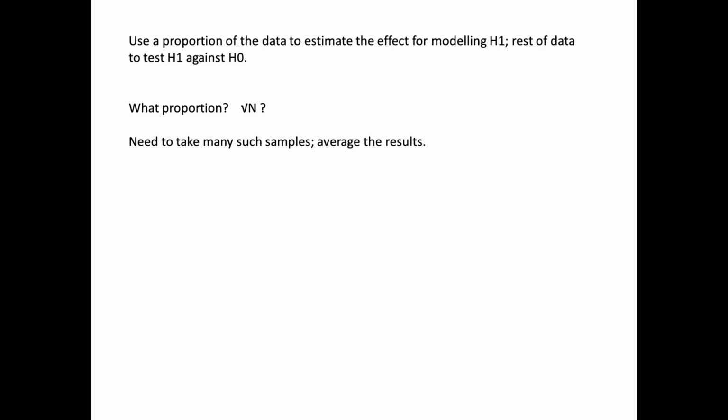It seems to balance a number of considerations. So if you've got 25 subjects, you'd use 5 to generate an estimate. Well, which 5? I suppose all possible sets of 5, or at least you could randomly sample that proportion a lot of times. And then you've got a whole bunch of Bayes factors.